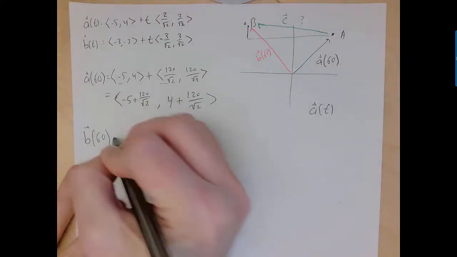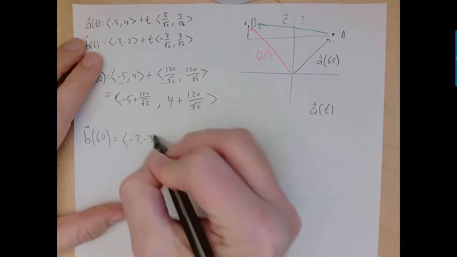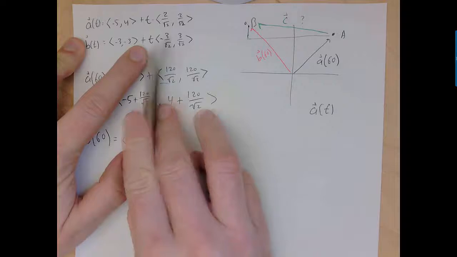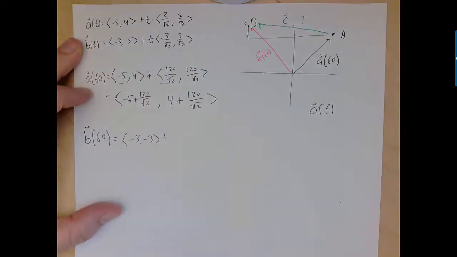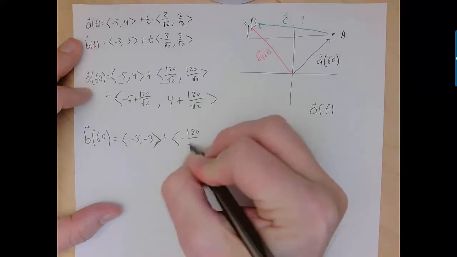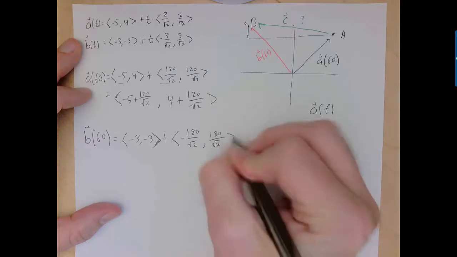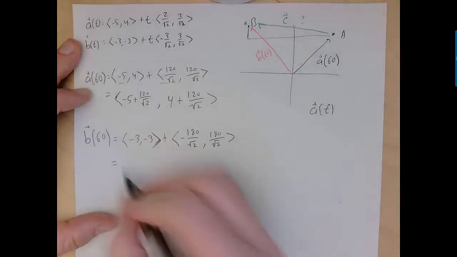At 60 seconds, B is going to be at -3, -3, plus, so 60 times 3 is 180. So that's going to be -180 over root 2 and 180 over root 2. Same thing, we can combine them together.